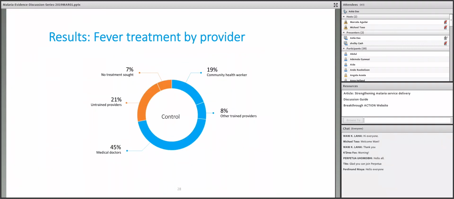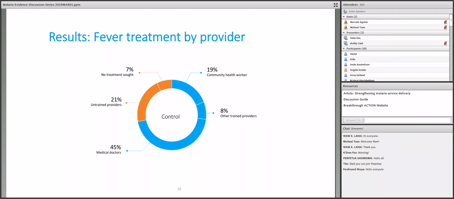So here we present a breakdown of fever treatment by provider. For control, you could see the facility level medical doctors have 45 percent, which means slightly below half went to medical doctors for treatment.